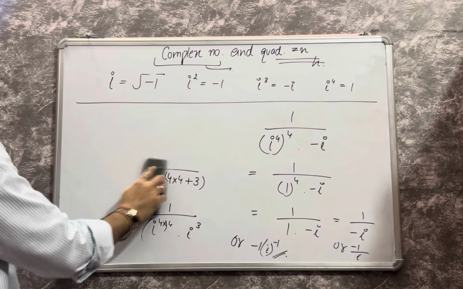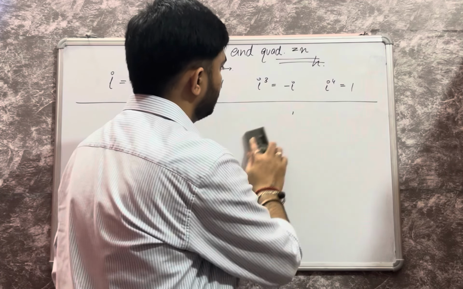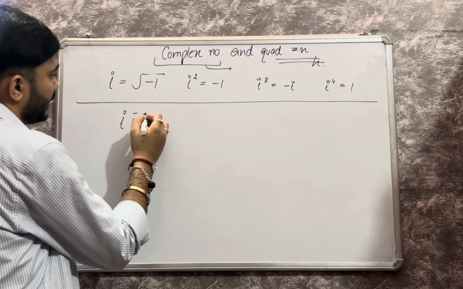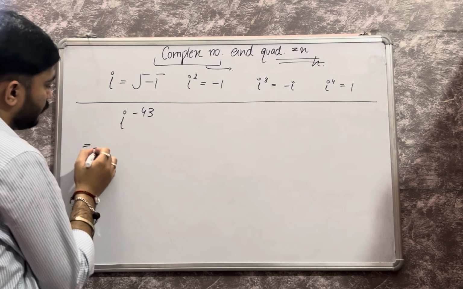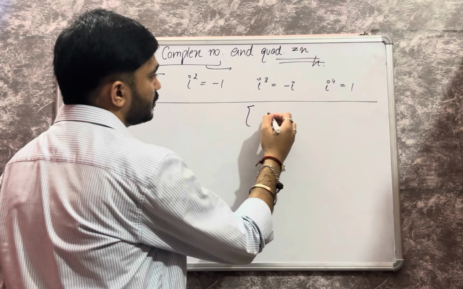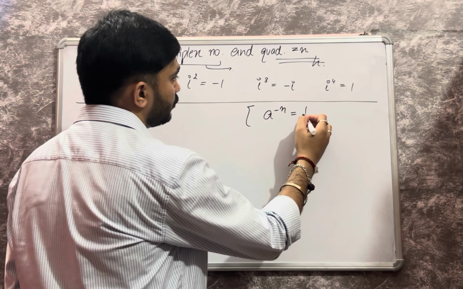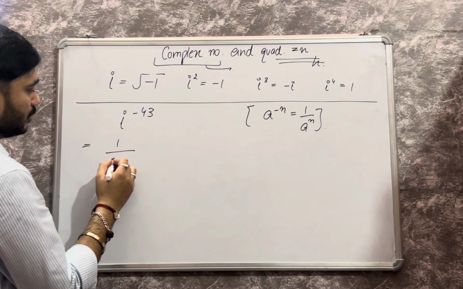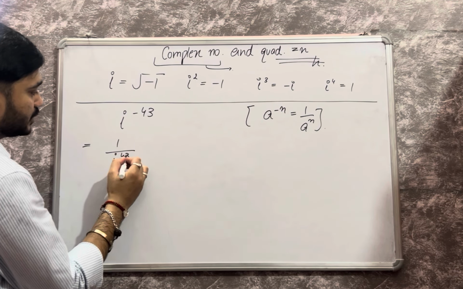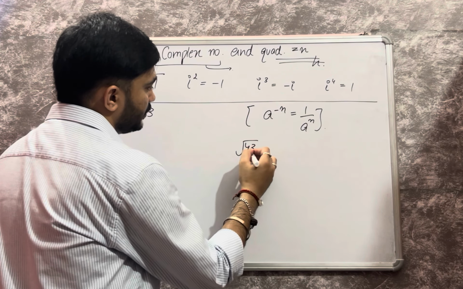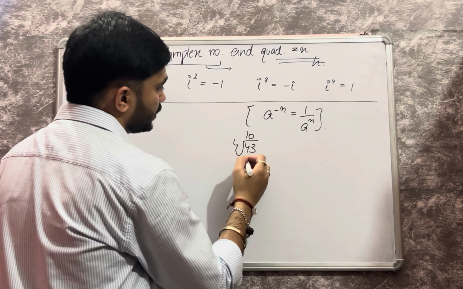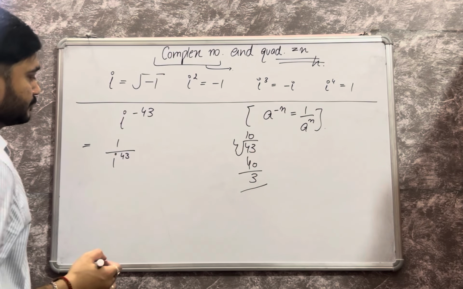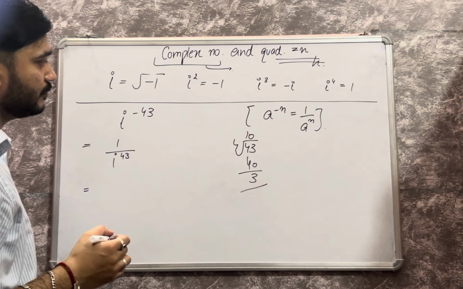Let us move to another question of iota raised to power minus 43. How are we going to solve this? Similarly, applying the formula a raised to power minus n is equal to 1 upon a raised to power n, we will get 1 upon iota raised to power 43. Divide 43 with respect to 4. You will get 4 tens are 40, left with 3 only. So what will we have?